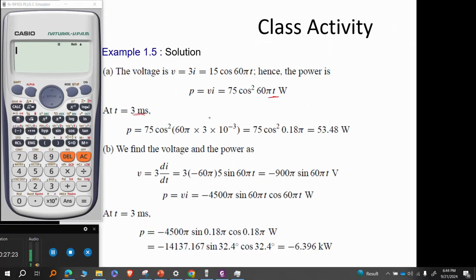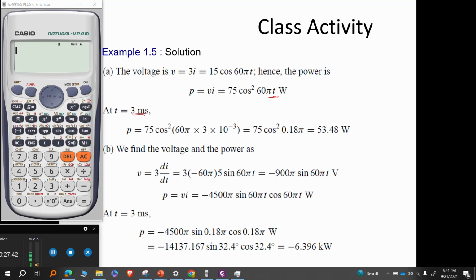If we are using the calculator and we want to use the value of pi, we can just write the equation as such. So we can write it like 75 cos square 0.18 pi.